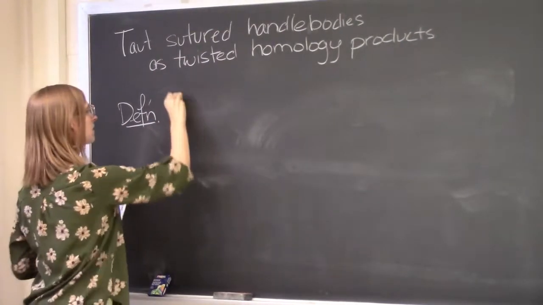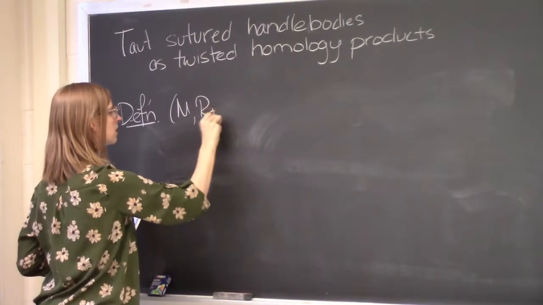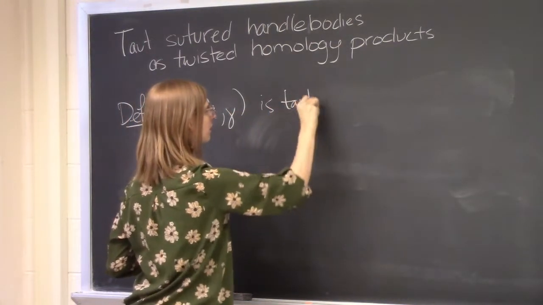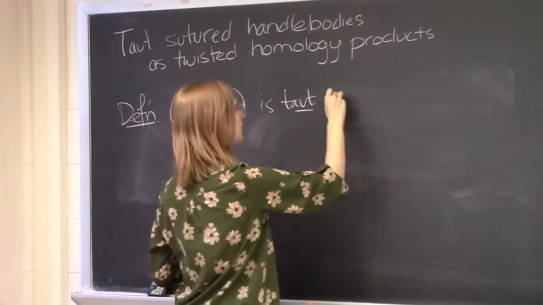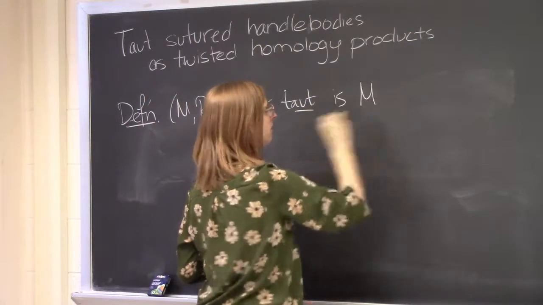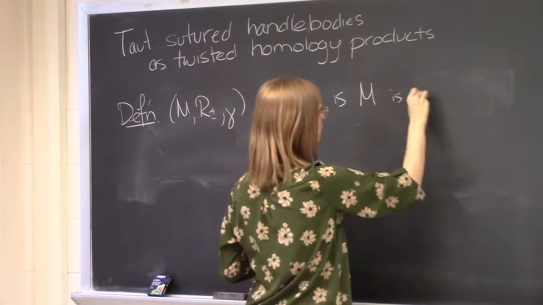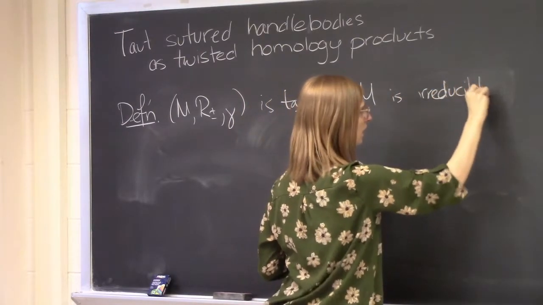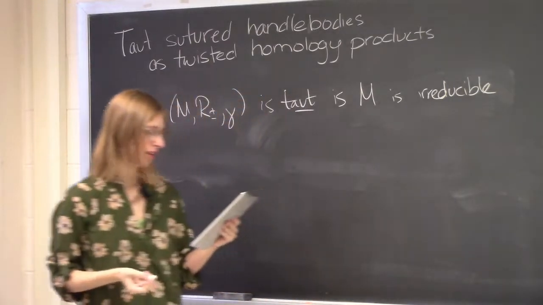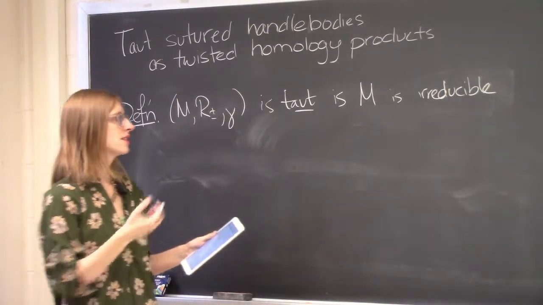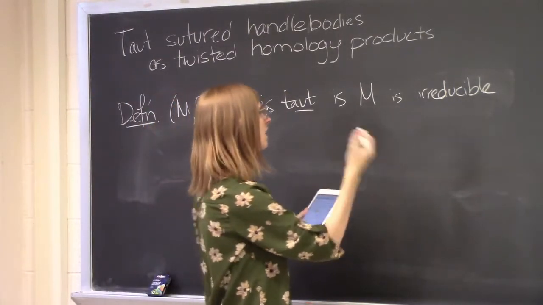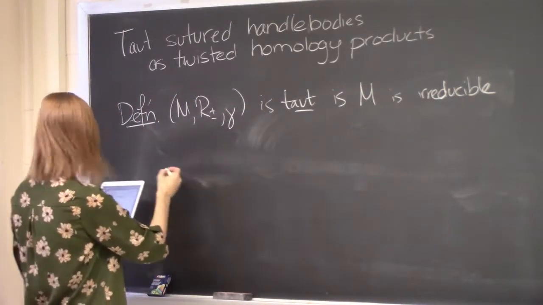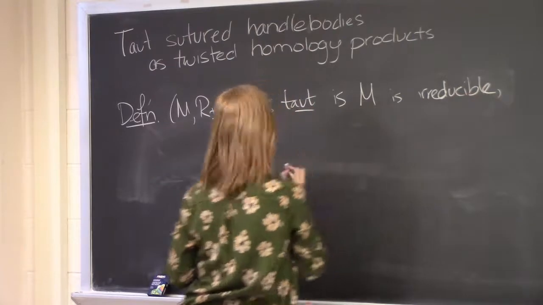So our sutured manifold is taut if the three manifold itself is irreducible, which is to say any sphere in M actually bounds a ball in M. So this is our condition on M.